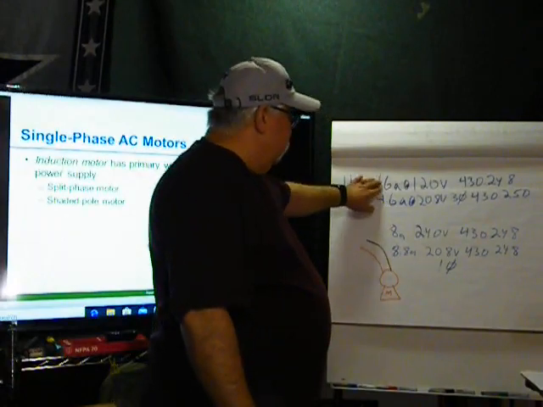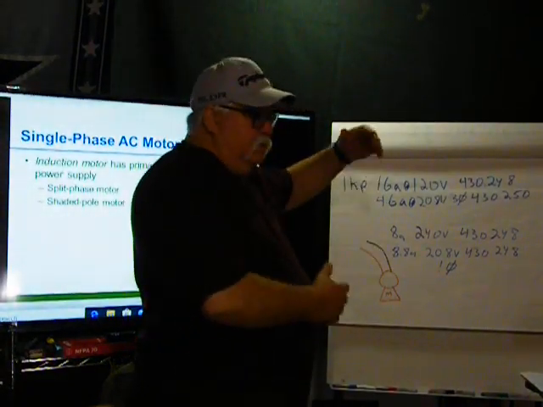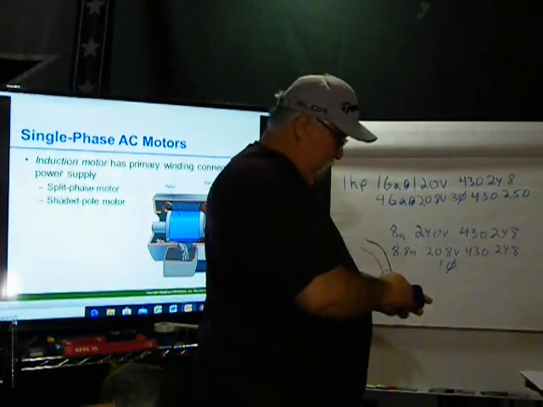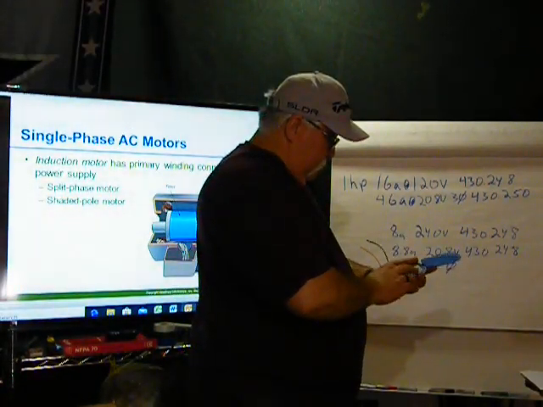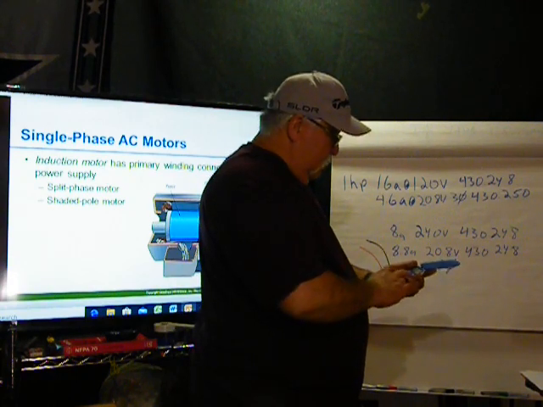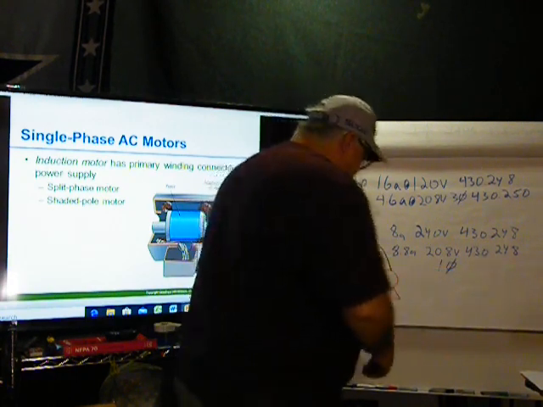So my resistance, let's say here my resistance is at 120 divided by 16 equals 7.5.